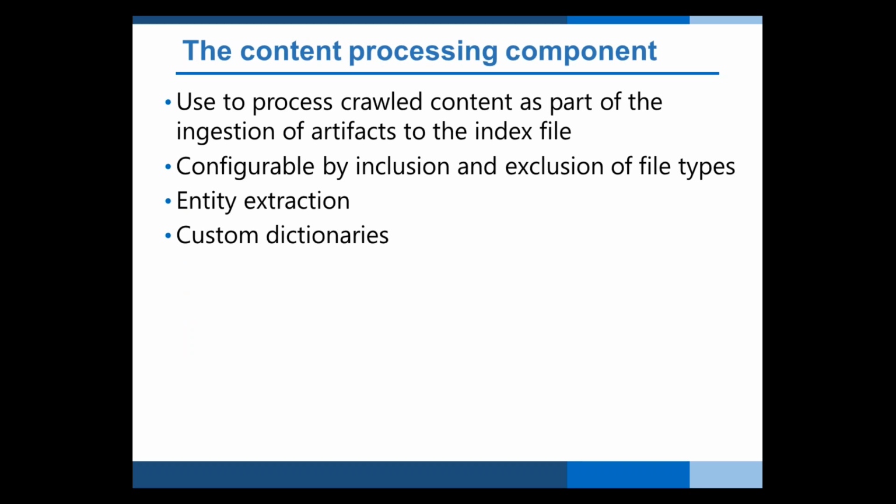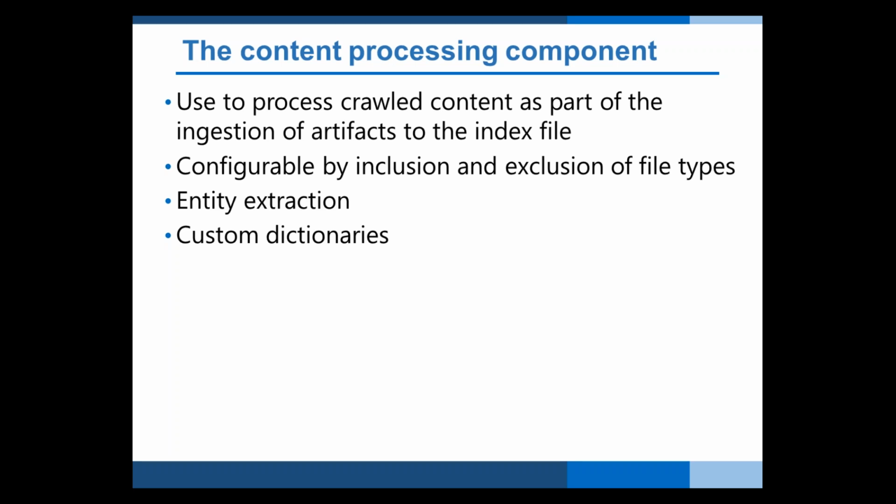The content processing component, where we go in and extract the data, as mentioned earlier, some gruesome terms used here, the ingestion of artifacts into our index. That is, we take those crawled properties, we map those over to our managed properties, and we use those managed properties within our index.